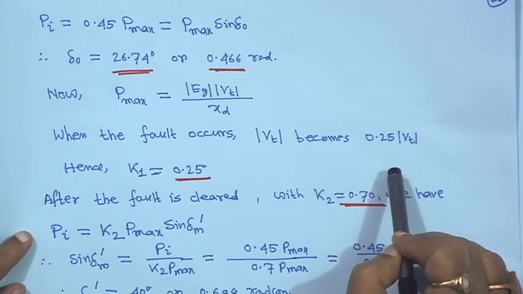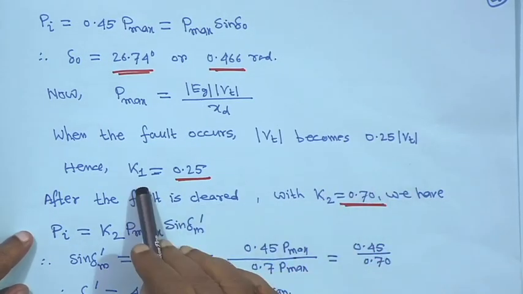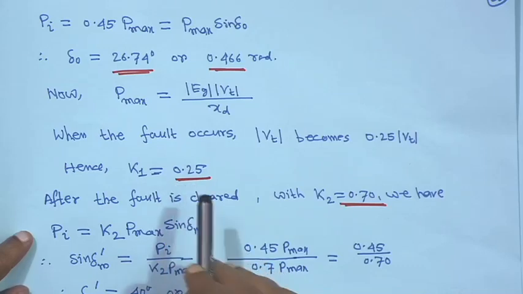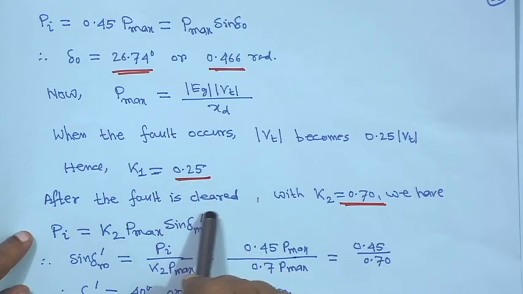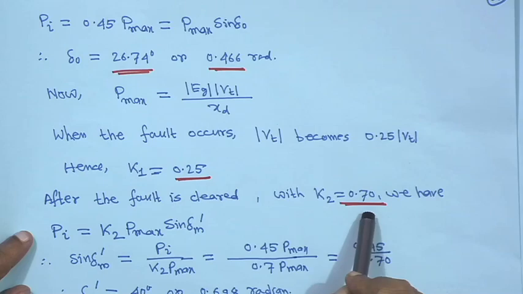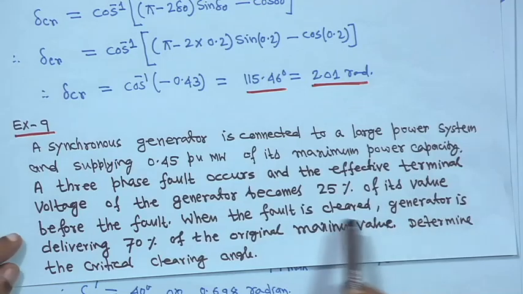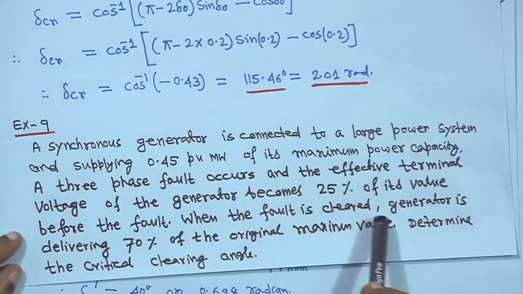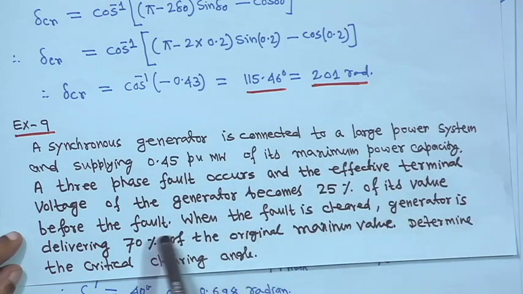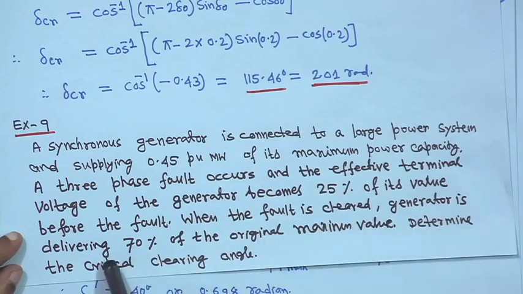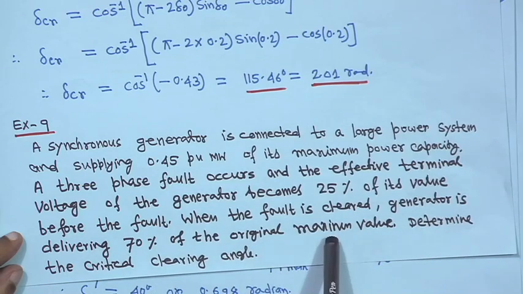After the fault is cleared, K2 will be 0.70, because it is also given that the generator delivers 70% of the original maximum value.